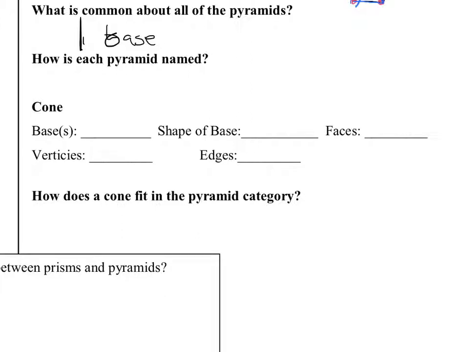If we see that it has 1 base, its last name is pyramid. And how do we get its first name? All right, the shape of their base. And what was the other thing that you had to add? What's that?